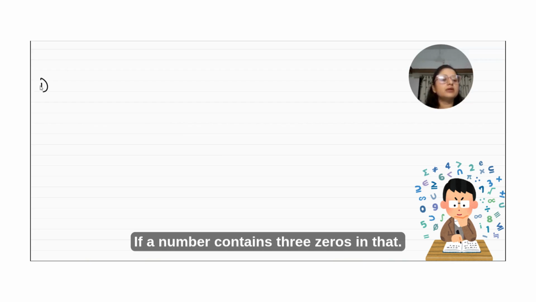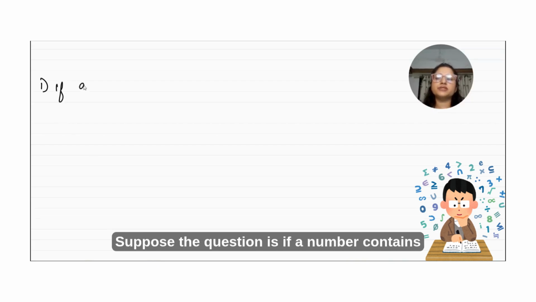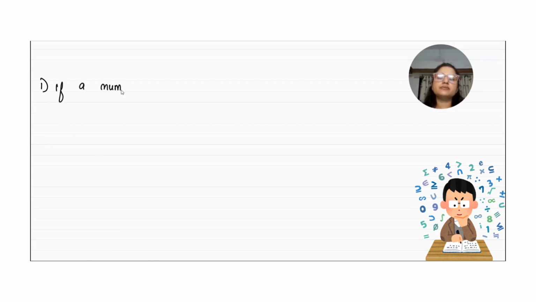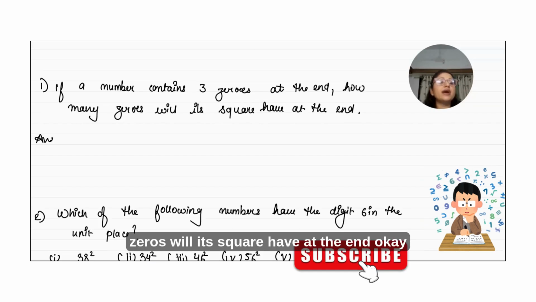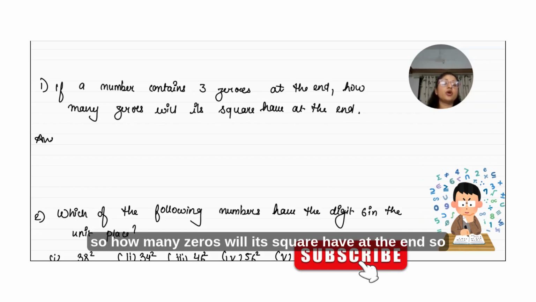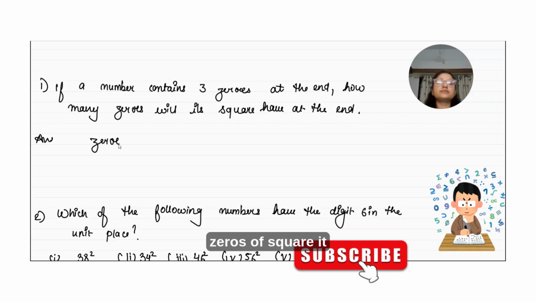The first question: if a number contains 3 zeros, how many zeros will its square have at the end?